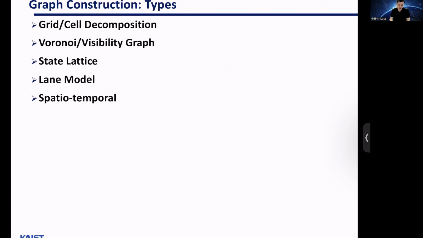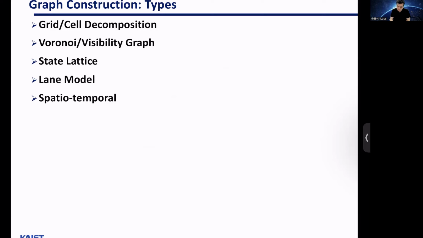Graph constructions have different types: grid cell decomposition, Voronoi visibility graph, state lattice, lane model, spatial-temporal graphs.